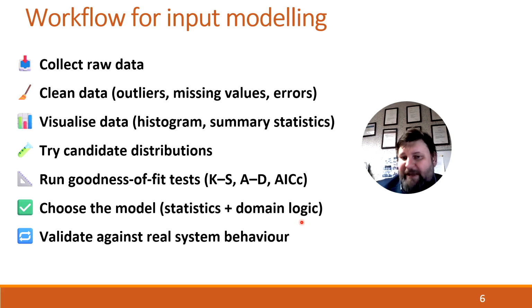Yes, maybe it could be normal, but remember the normal distribution has 2 parameters. Just try to look a bit closer at them and try to catch what would be the probability that you will get a negative value and how you are going to solve this. And finally, a validation against real system behavior.